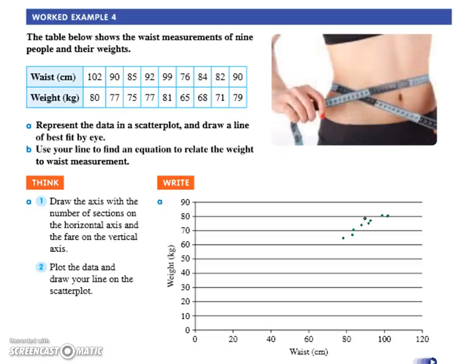What's that? The weight and the waist are on different axes. It depends. You can go to the weight and go up and then go across, but I would get in the habit, Jacinta, of doing the x-axis first, because that is the convention, and it's the way coordinates are written.